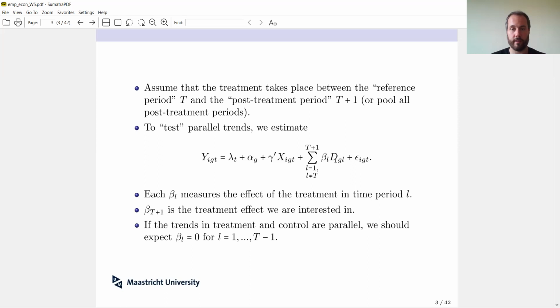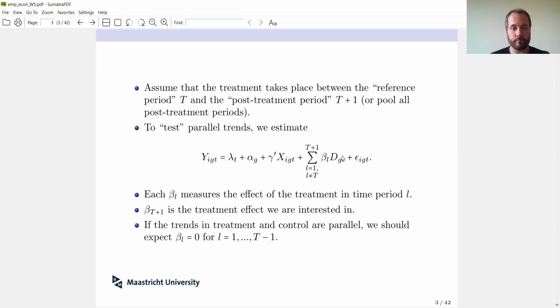That dummy is one if the unit is in the treatment group and the time period happens to be time period l. So for instance, if l is equal to 2, then this dummy will be 1 for everyone that is in the treatment group in time period 2 and 0 otherwise.